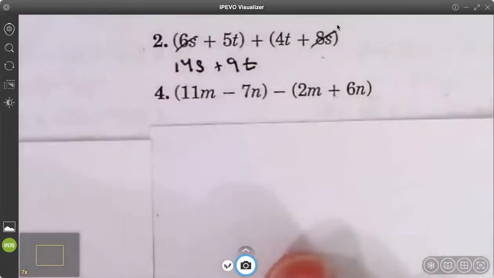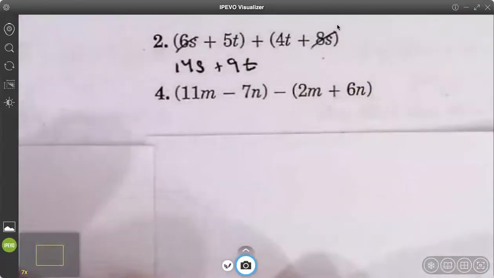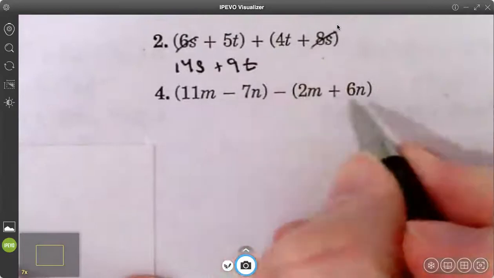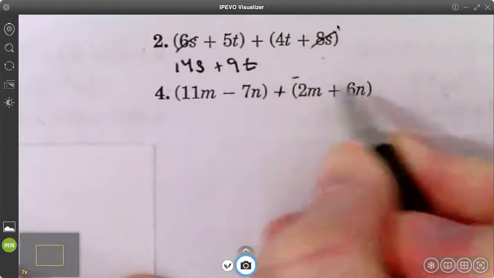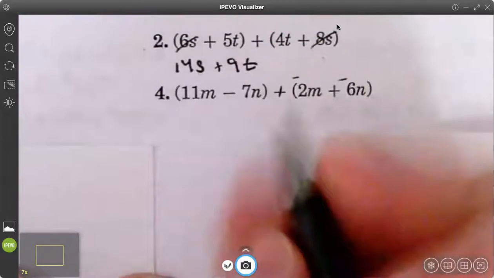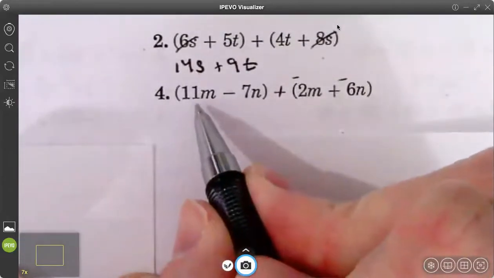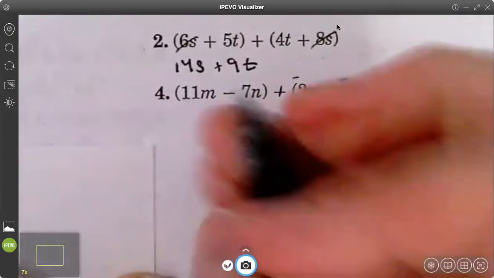Try number 4. Number 4, when I distribute my negative, I change subtraction to addition, and I change all the signs. They're both positive, so they both become negative. My degrees are all 1, so I go alphabetically. When I combine like terms, 11 minus 2 is 9m.